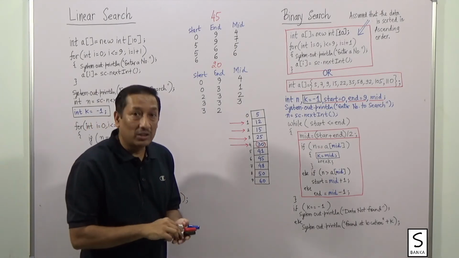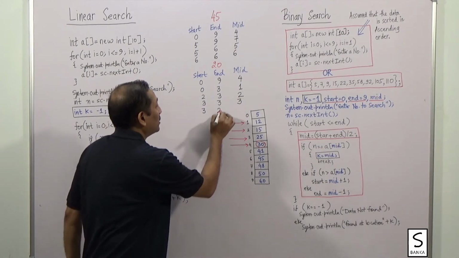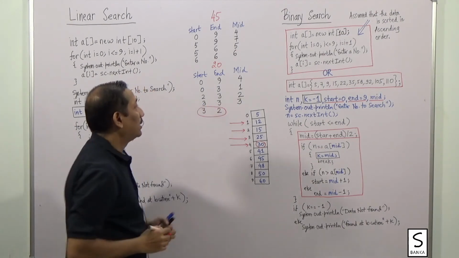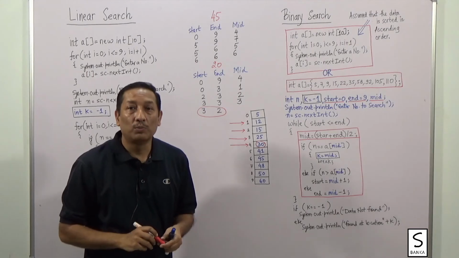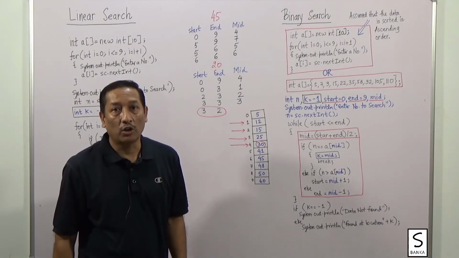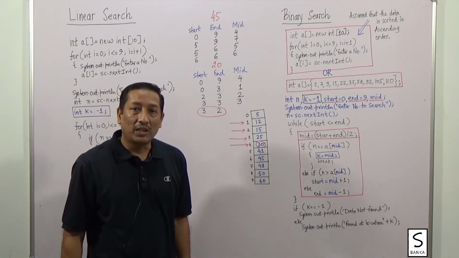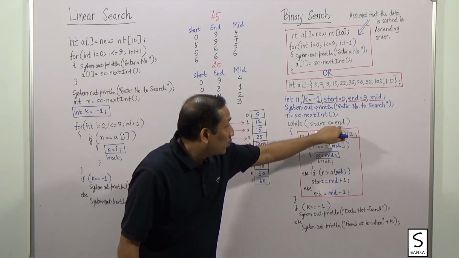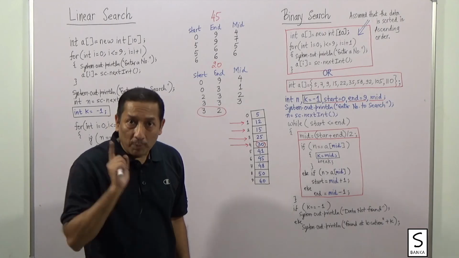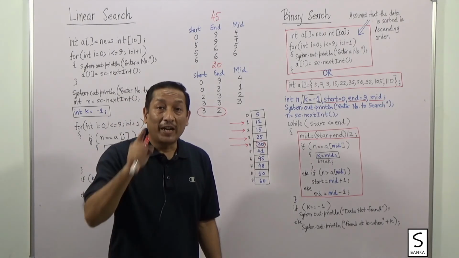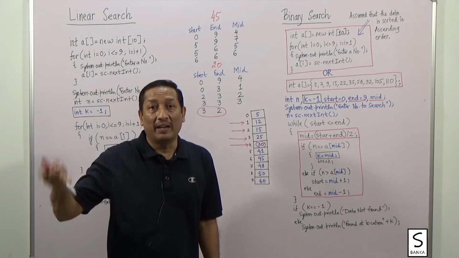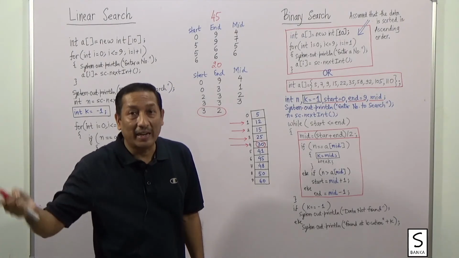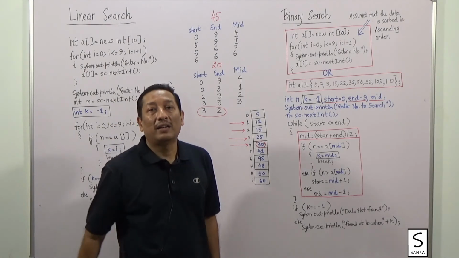And here is the trick. Now you can clearly see that the value of start is more than the value of end, which is not normal. In a proper searching, the value of start should always be less than or equal to end. The moment in the entire process the value of start exceeds that of end, that means it becomes greater than end, that is the indicator that data is not there.